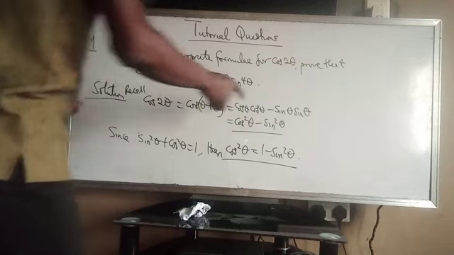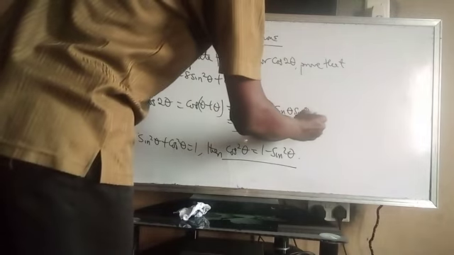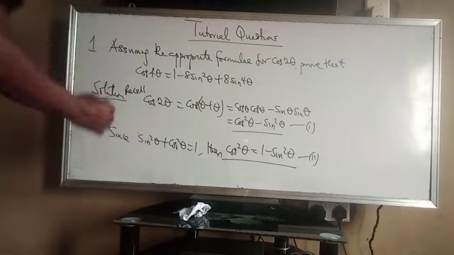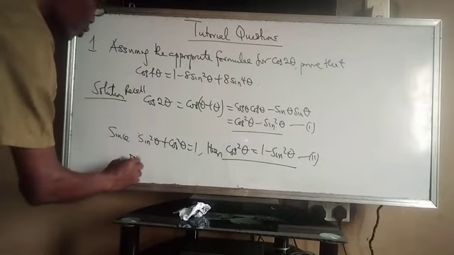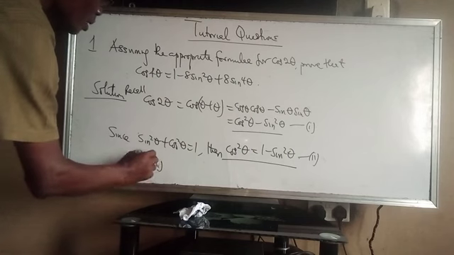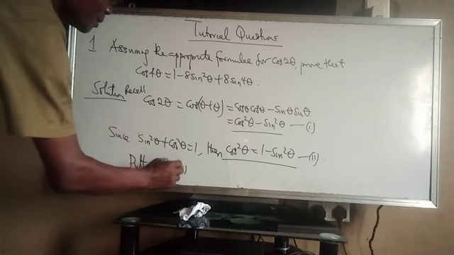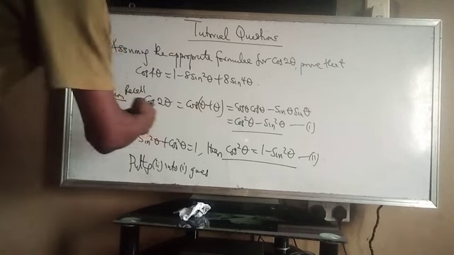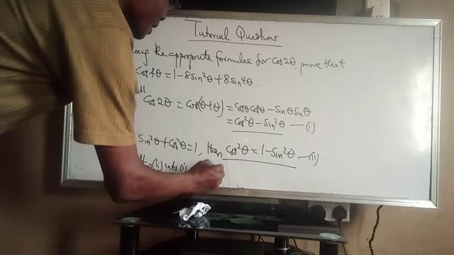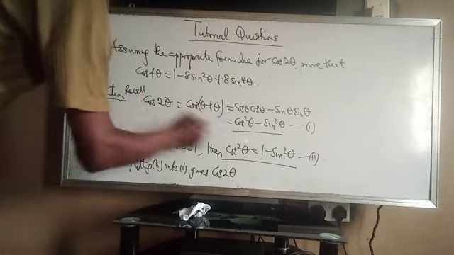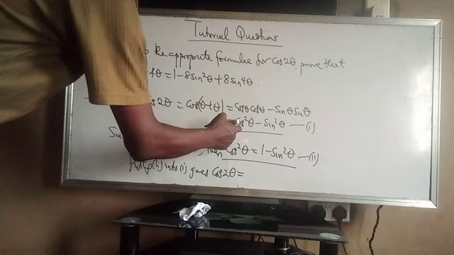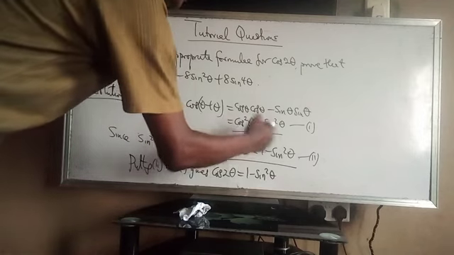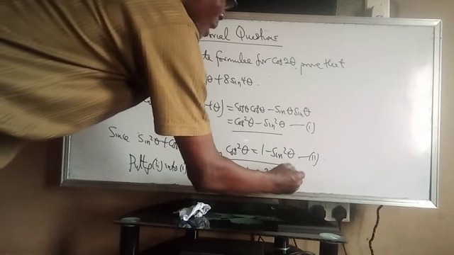Let's call this equation 2, and the earlier one equation 1. Putting 2 into 1, cos 2 theta will now be equal to cos square theta, which is 1 minus sine square theta, minus sine square theta.